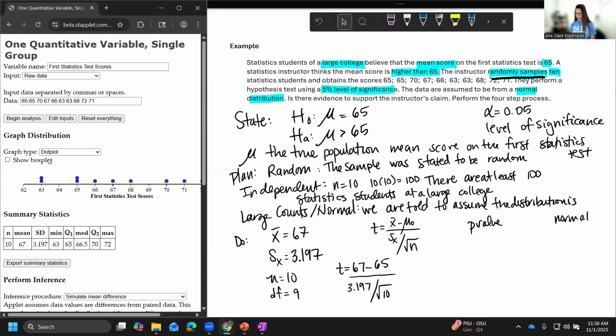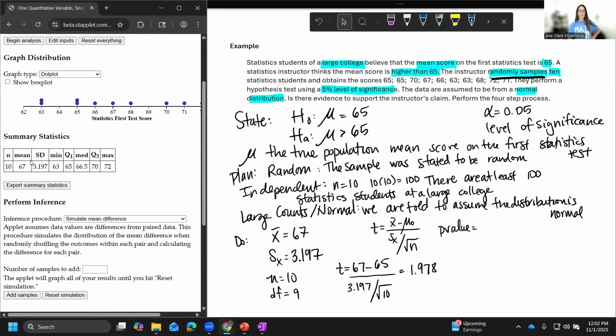I'm going to use my calculator. 67 minus 65 is 2. And then we're going to divide that by 3.197, which is also divided by the square root of 10. And we get 1.978. So what is the probability that t is greater than 1.978? That's our p-value that we're looking for.